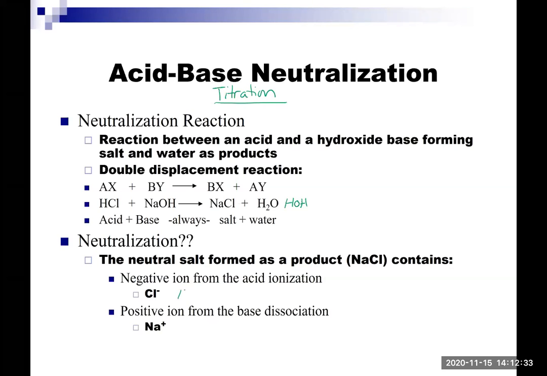In other words, we had H plus and Cl minus in that acid, and now our salt in the product contains this negative ion Cl minus, and the positive ion from the base dissociation. In other words, our base was Na plus and OH minus, and the positive ion from the base dissociation has teamed up with the negative ion from the acid ionization, giving us sodium chloride, a neutral salt.